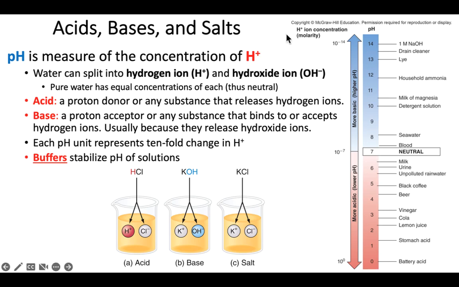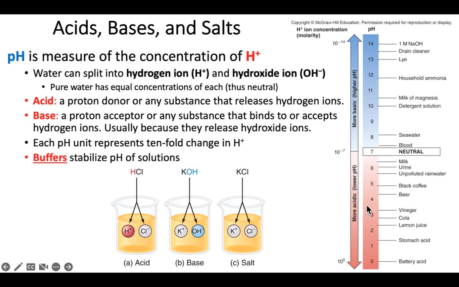The more hydrogens you have, the higher the concentration of these, the more acidic you are, but the lower the number on the pH scale. If you have equal amounts of hydrogen ions and hydroxide ions, which are OH negative, you are completely neutral. And neutral on the pH scale is 7.